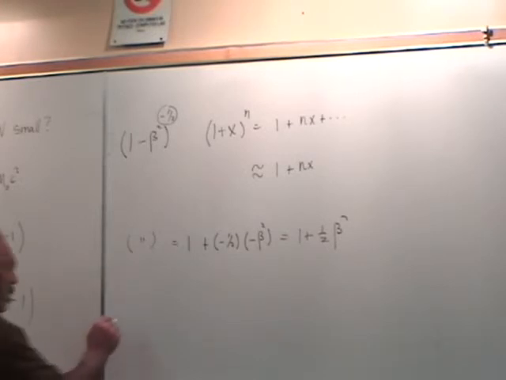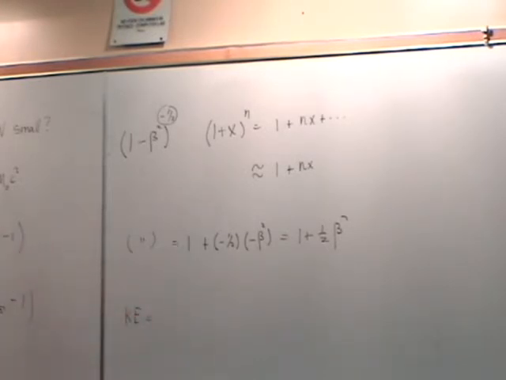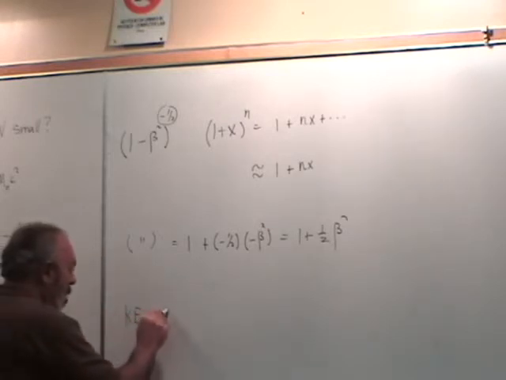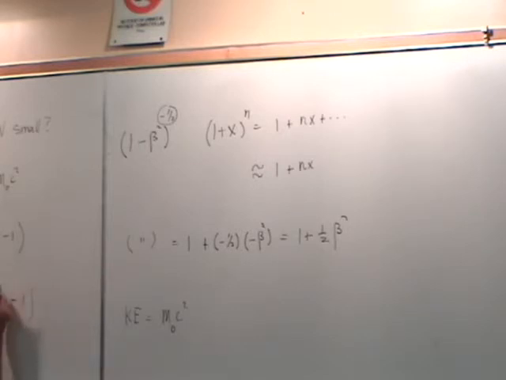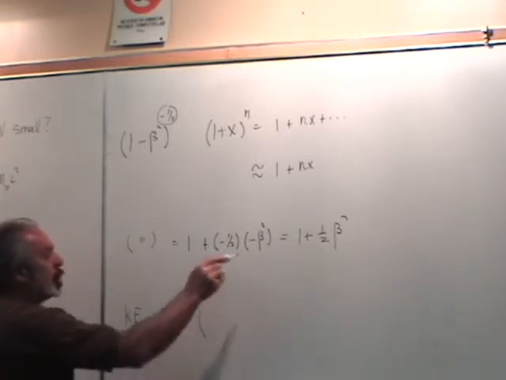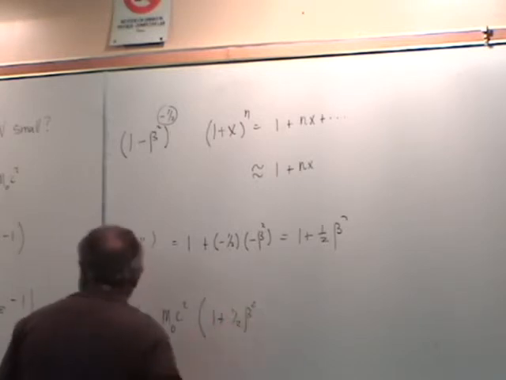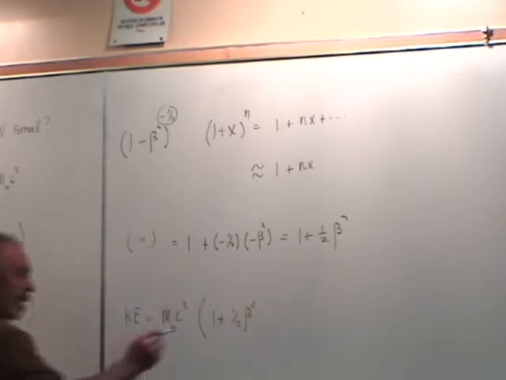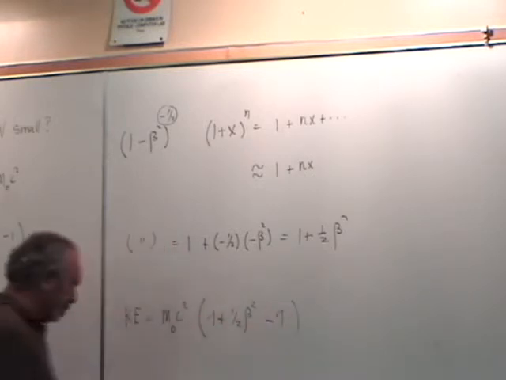So we get then that the kinetic energy is equal to m naught c squared times this creature, which is 1 plus 1/2 beta squared minus 1. 1 minus 1, that's nice.